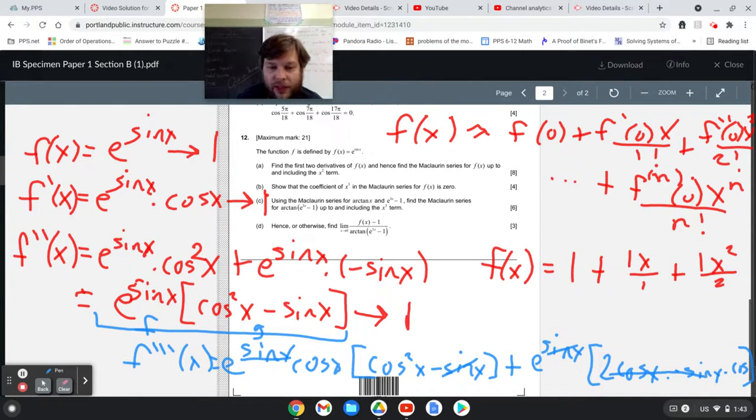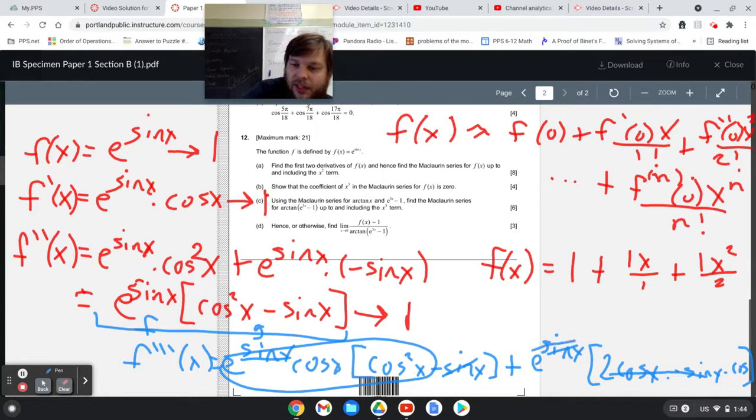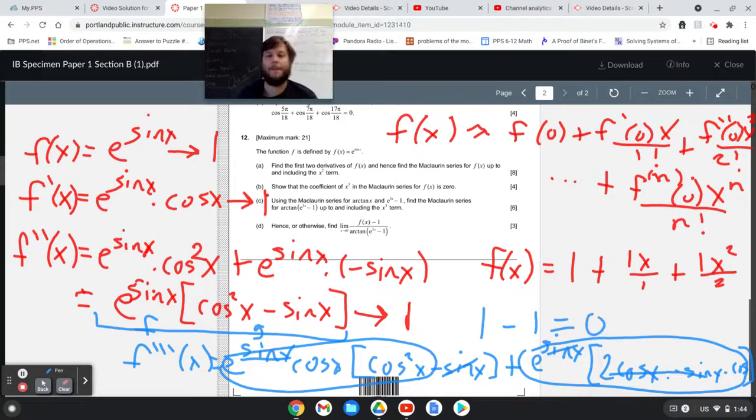So what do we have left over? We have 1, all of this right here is equal to 1. And then all of this over here is equal to negative 1. So we really just have 1 minus 1 is equal to 0. Okay? So that's great.